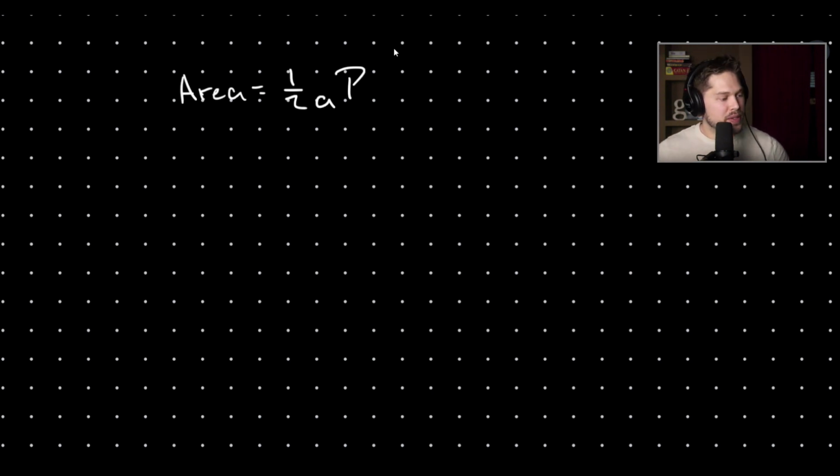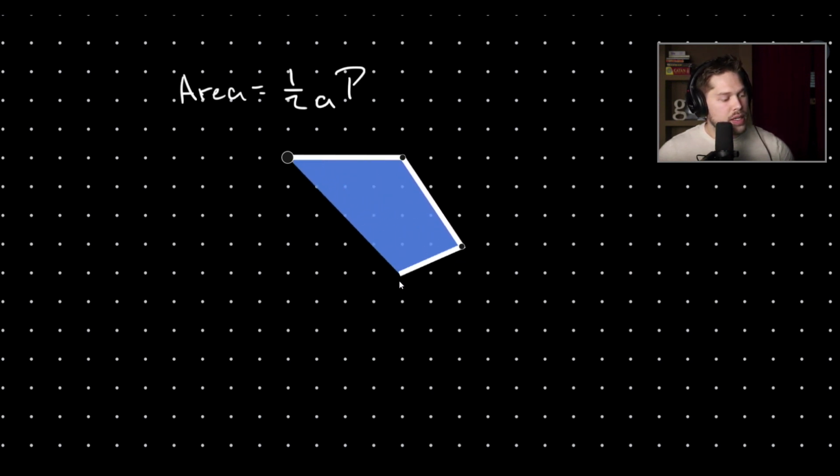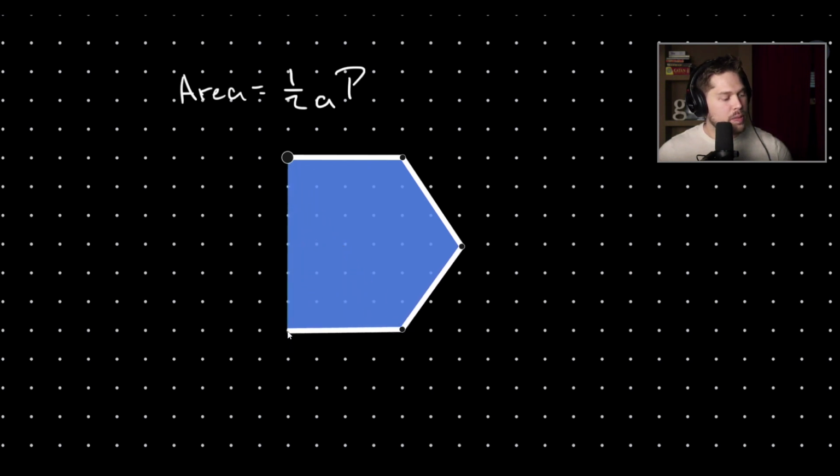Let's talk about it. So let me sketch out just a regular polygon for us. Now I'm going to do my best to draw this, but maybe we will correct it a little bit after the fact, just to make sure that it's good.